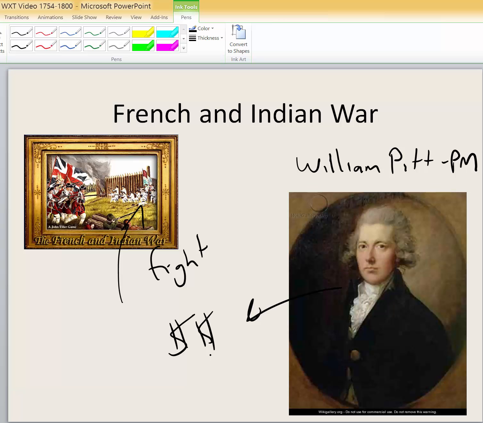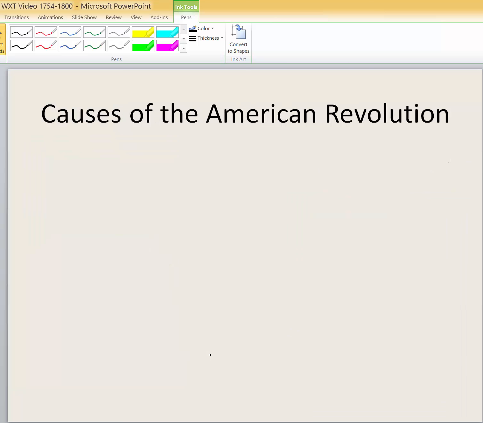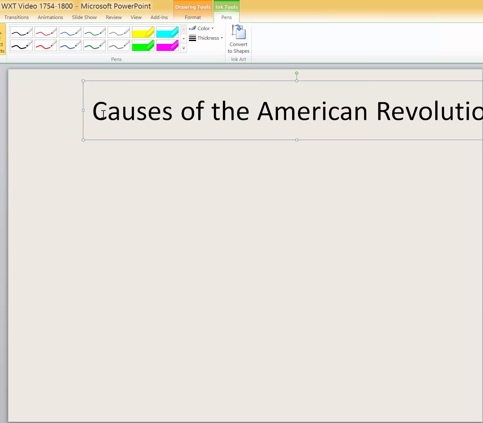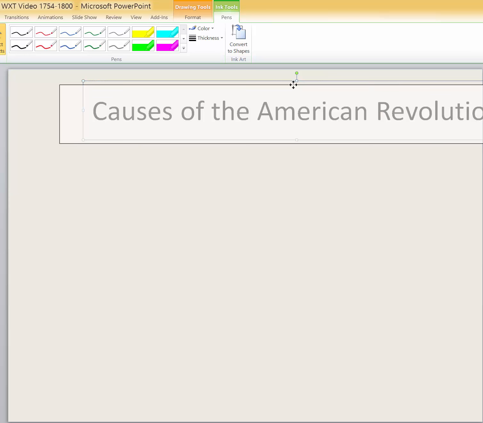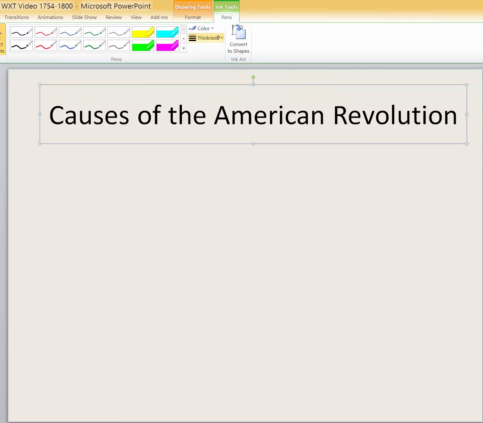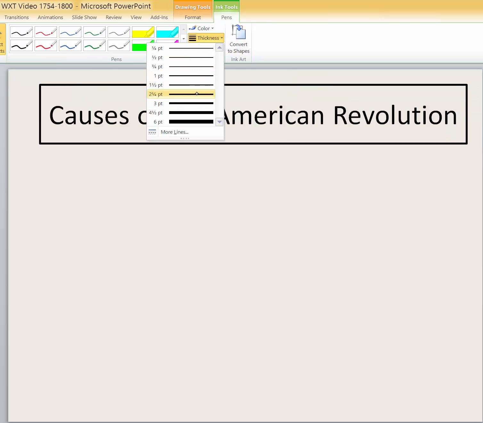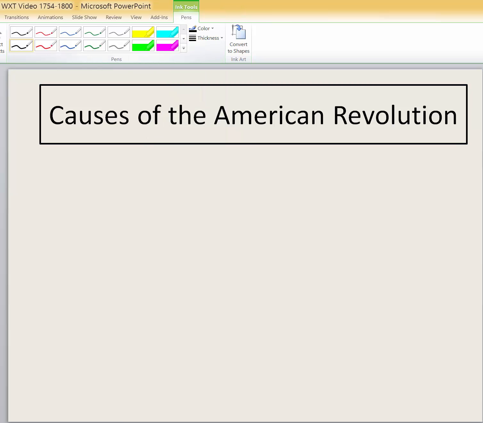As soon as the English and the colonists were victorious in the French and Indian War, you will see a whole host of new taxes in the colonies. You are going to see a Sugar Act, and this will obviously be a tax on sugar.